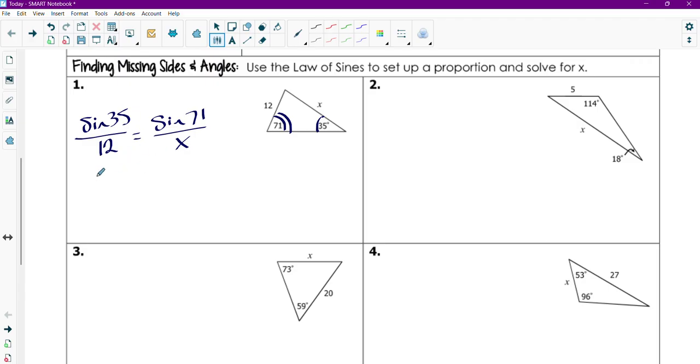So I'm going to flip these fractions just to make this a little bit easier to solve. Again, if you'd like to use a graphing calculator, you definitely can. I just want to show the right way to do this. I would multiply by sine of 71 on both sides.